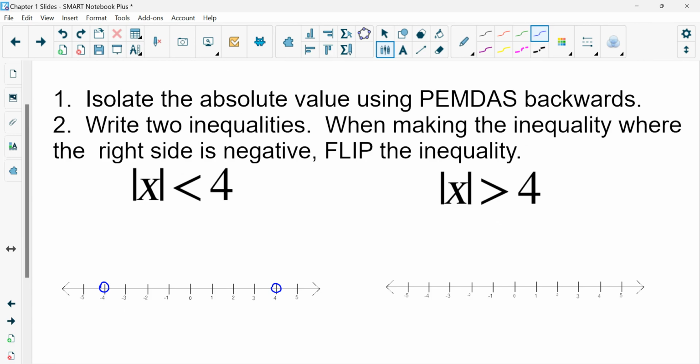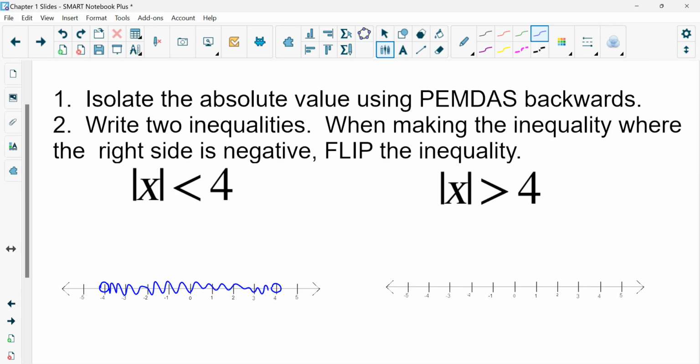And if it's less than 4, that means my shading would be where then? If I'm picking an x value that's less than 4 units away from 0, shading would be in the middle or on the outsides? In the middle, because 2 is less than 4, right? 0 is less than 4. Negative 1 is less than 4. So your shading would be in the middle here.